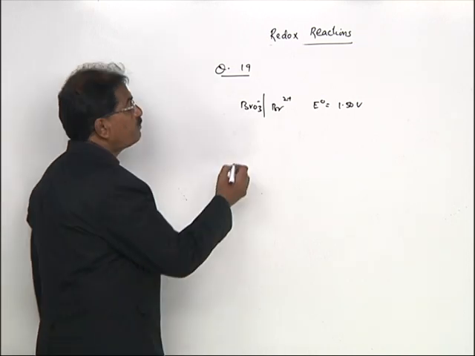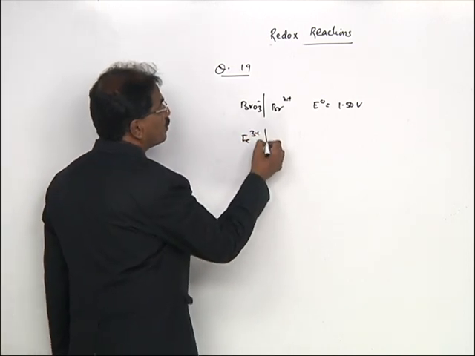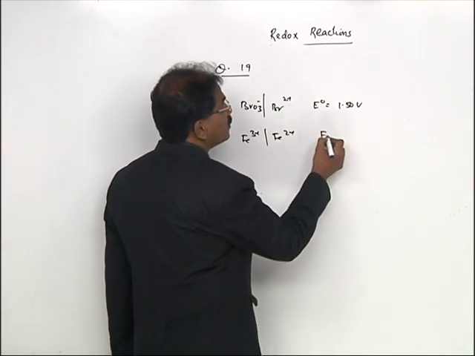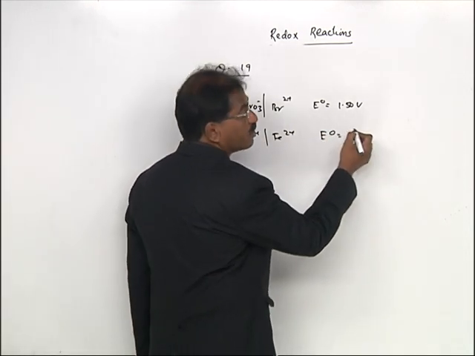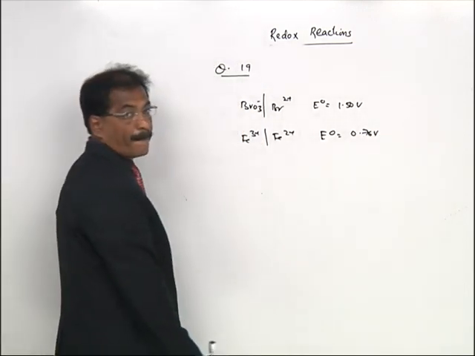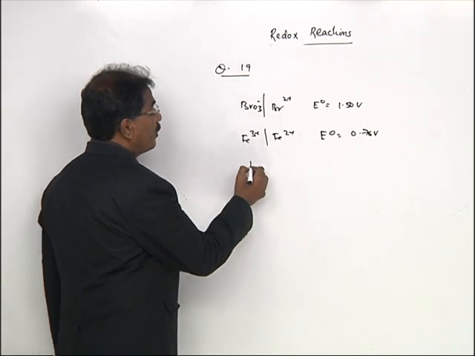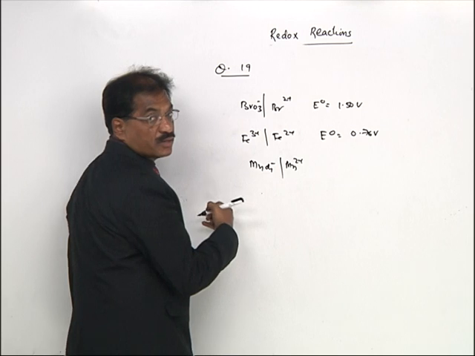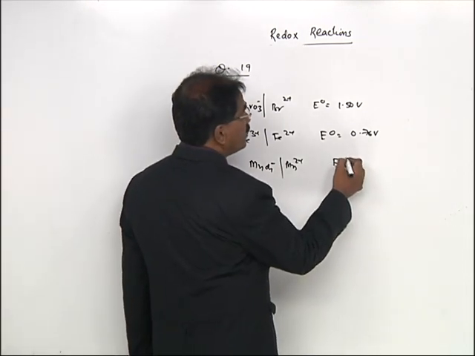Next, Fe3 plus to Fe2 plus. Here reduction potential is 0.76 volts. Next, MnO4 minus to Mn2 plus. Here the reduction potential is 1.52.